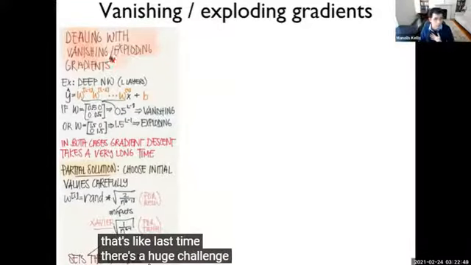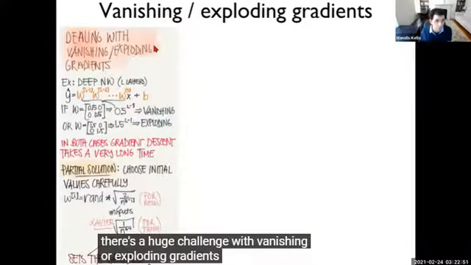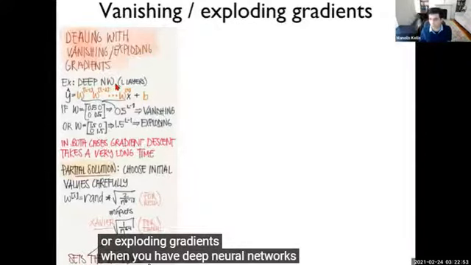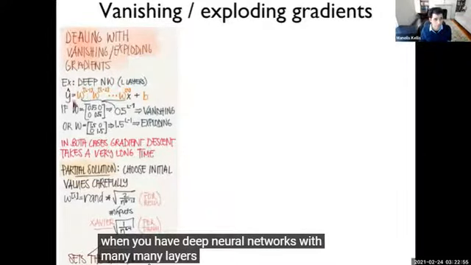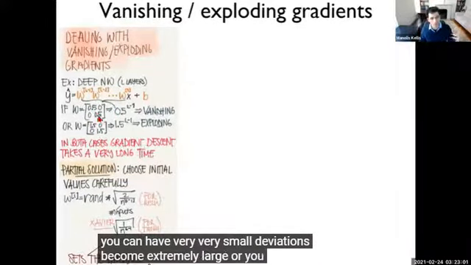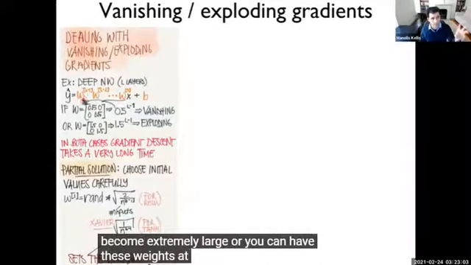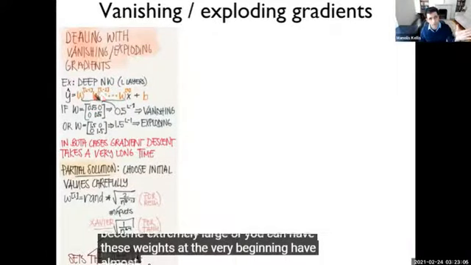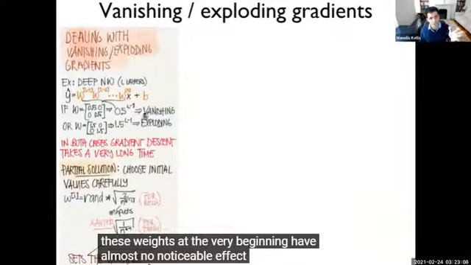There's a huge challenge with vanishing or exploding gradients. When you have deep neural networks with many, many layers, you can have very, very small deviations become extremely large, or you can have these weights at the very beginning have almost no noticeable effect all the way down.